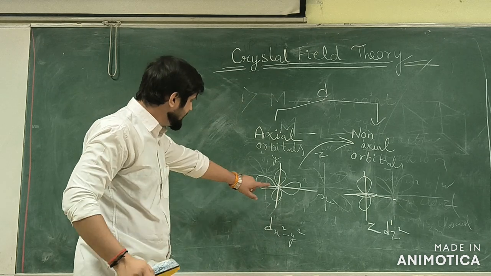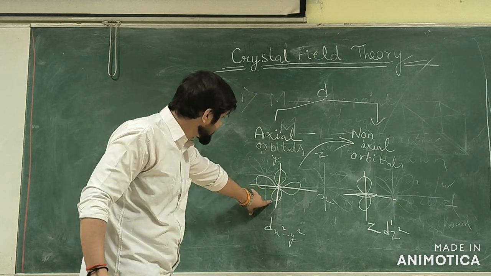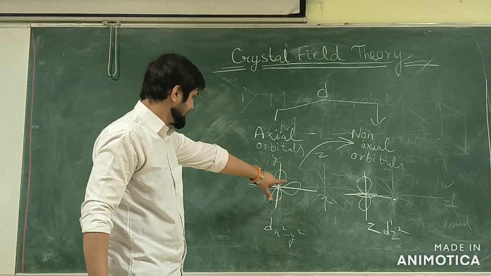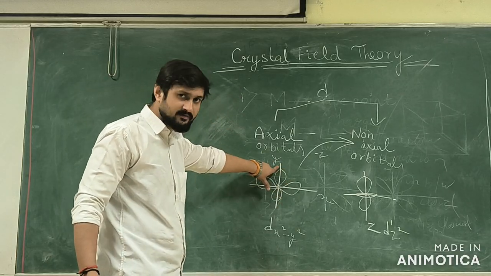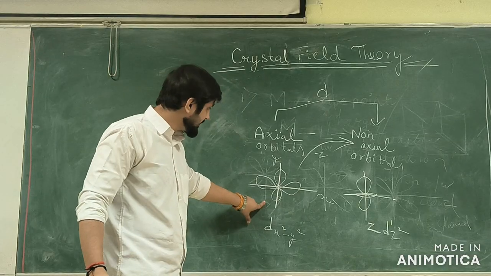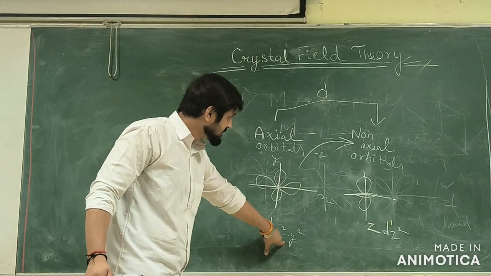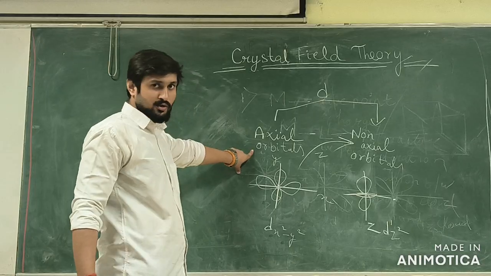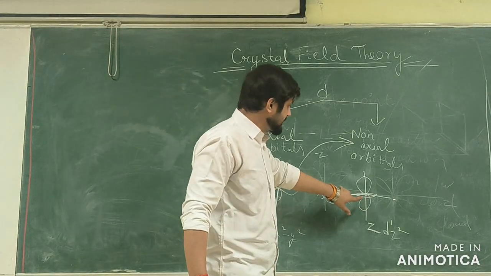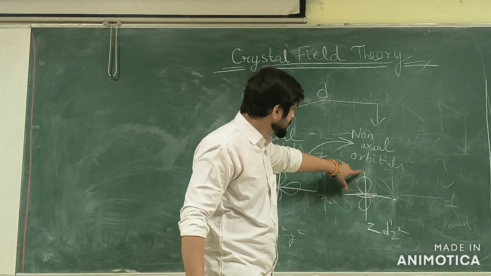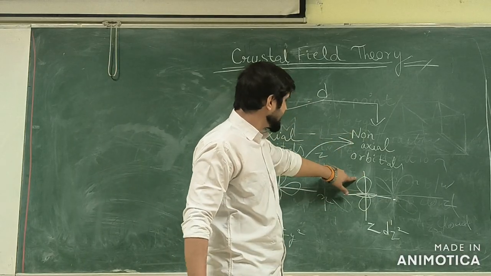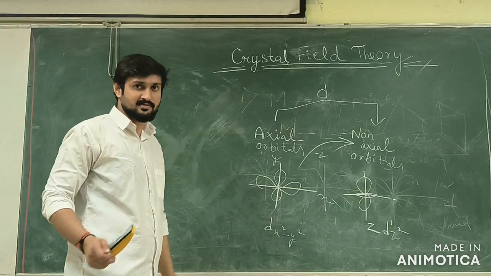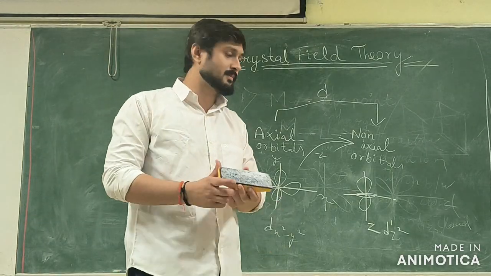What you can see clearly here is that the orbitals are along the x-axis and along the y-axis. So the dx square minus y square orbital is an axial orbital. Similarly, the dz square orbital is along the z-axis, hence it is also an axial orbital. So these are the classifications of d orbitals.